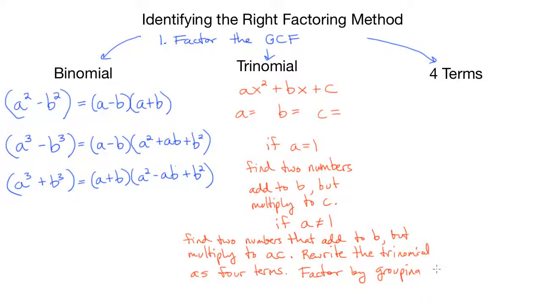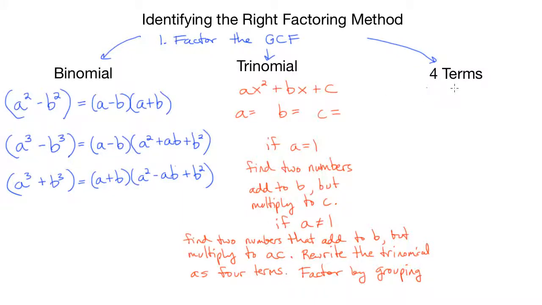And there were three examples of doing trinomials with a not equal to 1 where we went through this process. We did factoring by grouping, so you can go back and rewatch some of those. But there we go. So for a trinomial, depending on what a is, we either have an easy method to factor or we have one that's a little bit more complicated, and we have to use factoring by grouping. All right.